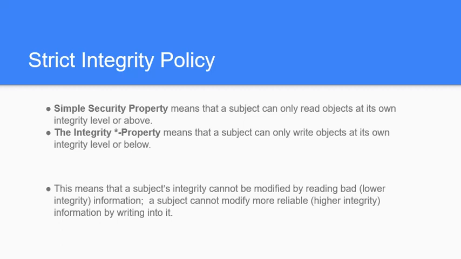So what is achieved by the strict integrity policy of the Biba model is that a subject's integrity cannot be modified by reading bad, lower integrity information, and the subject cannot modify more reliable information that has a higher integrity than the subject by writing onto it.